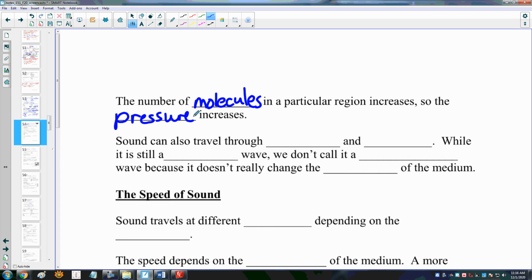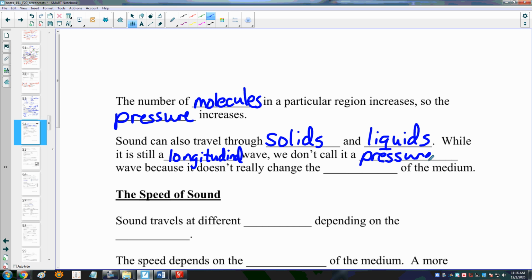Sound can also travel through solids and liquids. While it's still a longitudinal wave, we don't call it a pressure wave, because it doesn't really change the pressure of the medium.